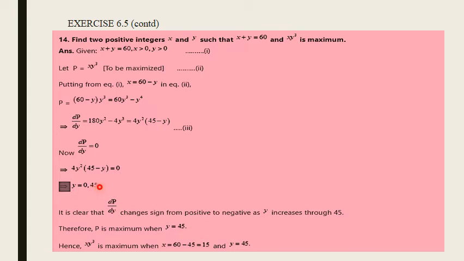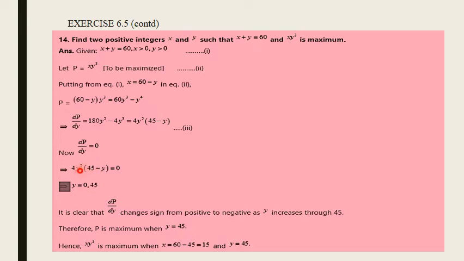So we take a number to the left of 45 that is very near to 45. Let us take y as 44.9, to the left side of 45.